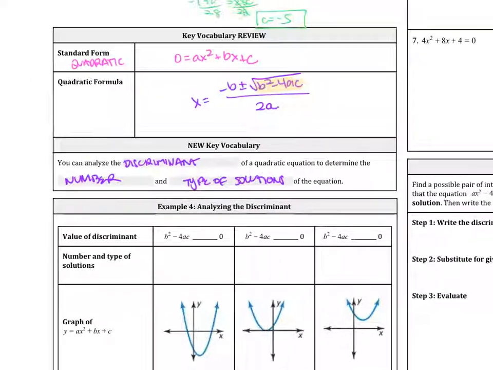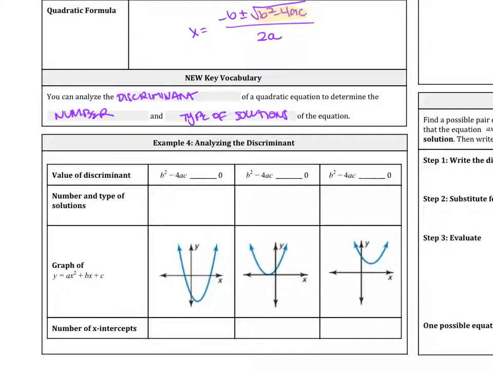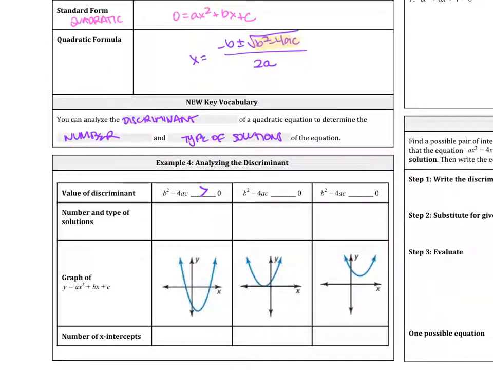When the value of the discriminant, what's inside the square root, is greater than 0, like 5 for example, the square root of 5, we would get 2 solutions because it's whatever plus or minus that square root of 5, so you get 2 real solutions. And notice that I have 2 x-intercepts. That is what it's really telling us.